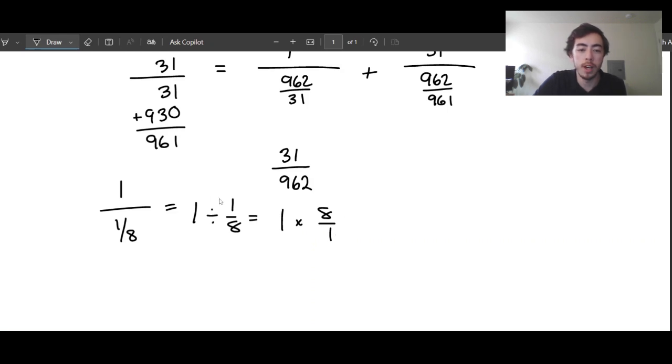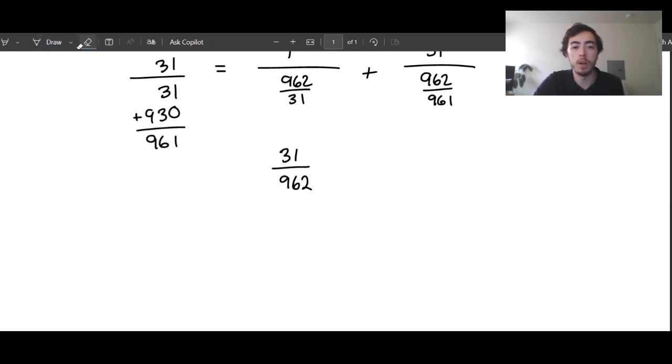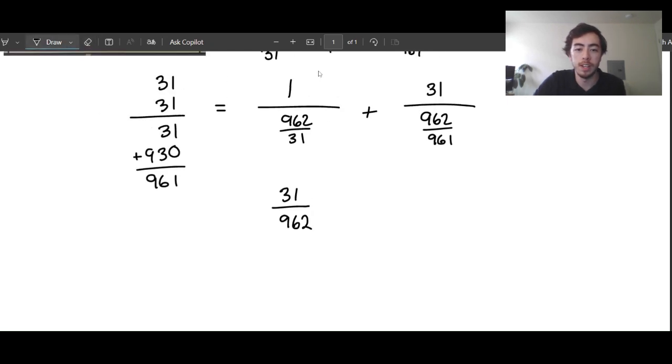So anytime you're dividing by a fraction, you can just multiply by its reciprocal. And that's kind of what I'm doing here, where I'm keeping this 1 for my numerator right here. I guess it's kind of invisible. Multiplying by 1 doesn't do much.